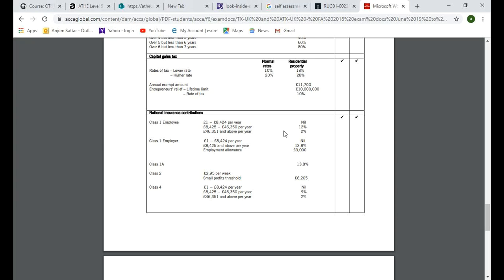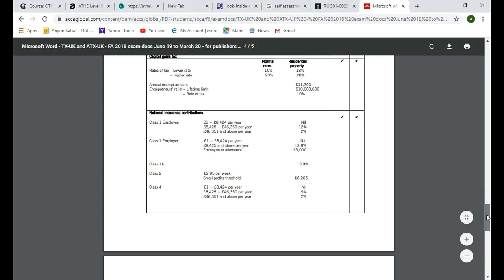So I can be registered as Class 4, and I don't need to pay any NI contribution up to that. But if my income increases from 8,425, I have to pay 9%, and then 2% above the upper limit, as with the other one as well. Any question? No, this is completely fine.